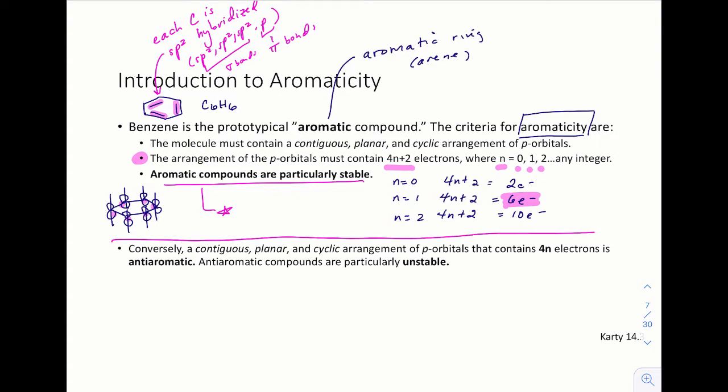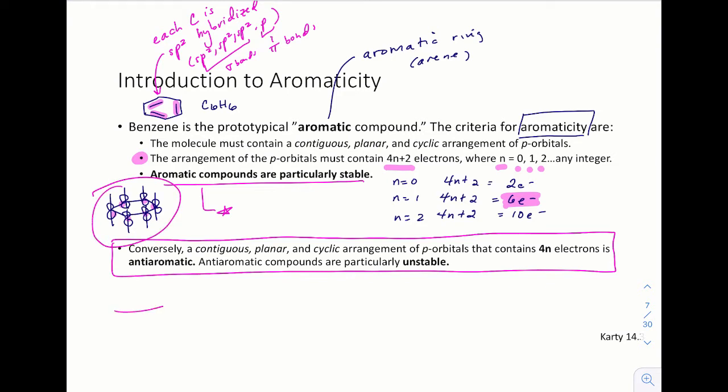Conversely, a contiguous, planar, and cyclic arrangement, like this, of p orbitals that contains not 4n plus 2, but 4n pi electrons, is anti-aromatic.